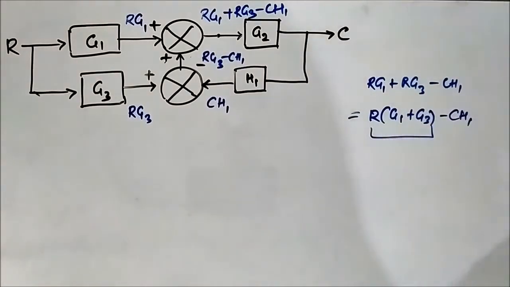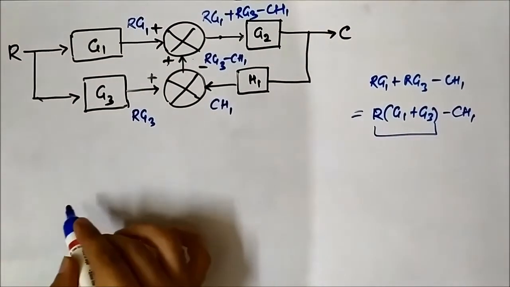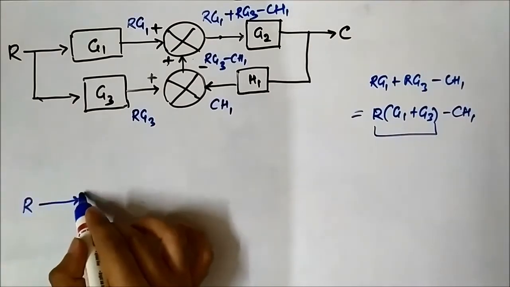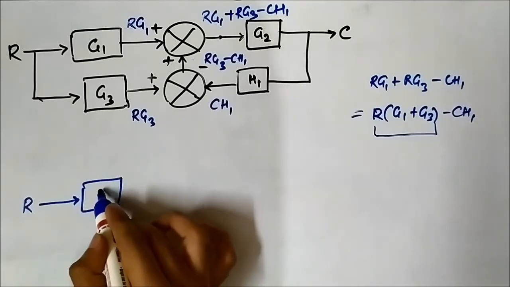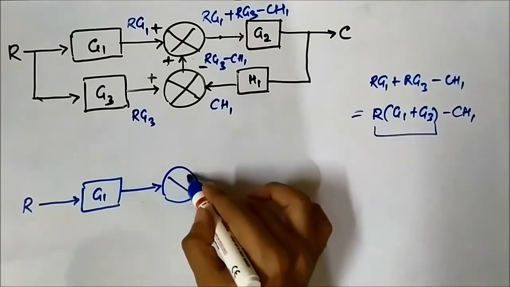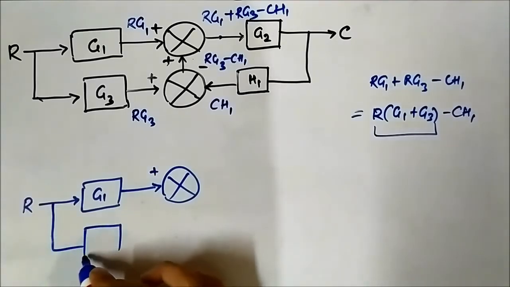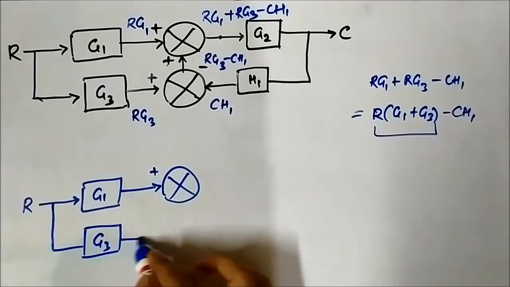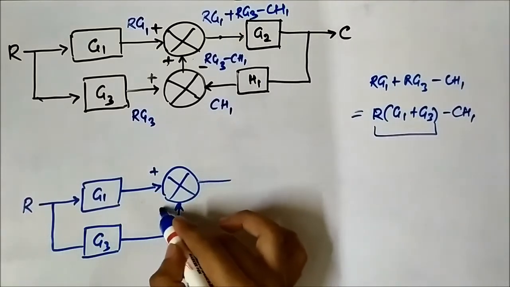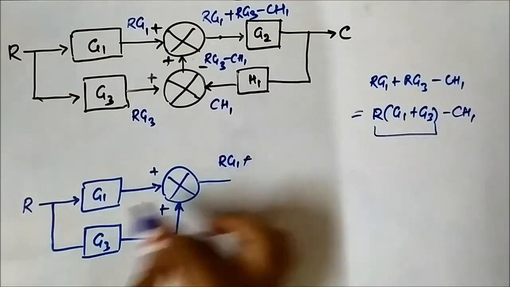This part, RG1 plus RG3. We know that when two blocks are in the forward path, like this, let's say R through G1, this is plus, and also G3, then the output is RG1 plus RG3.